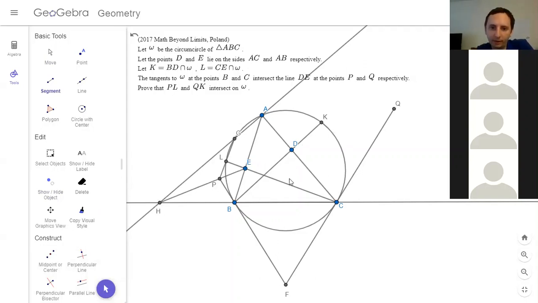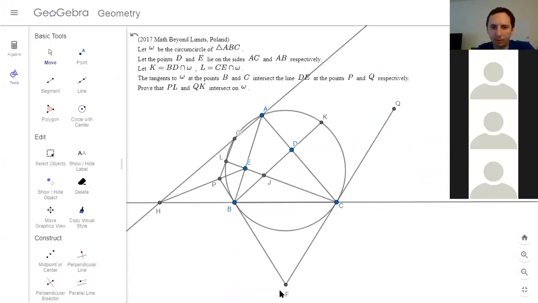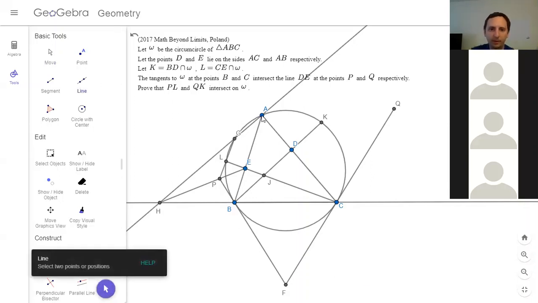BD intersect CE. Yes. Maybe I'll rename it just so we don't think it's the incenter. AJ, let's let it meet the circle.